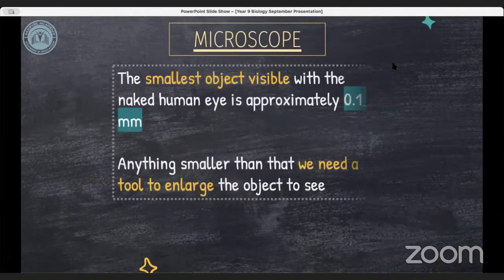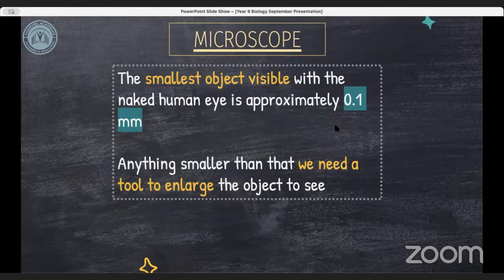Okay, so let's see the smallest object visible to the naked human eye, approximately. That means children, our human eye can recognize only up to this much, right? Only up to this much. Okay, 0.1 millimeter. Beyond this, anything smaller is very difficult to see. So in such a case, we need to enlarge.